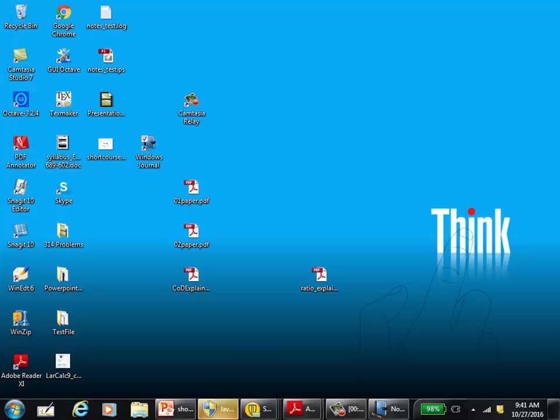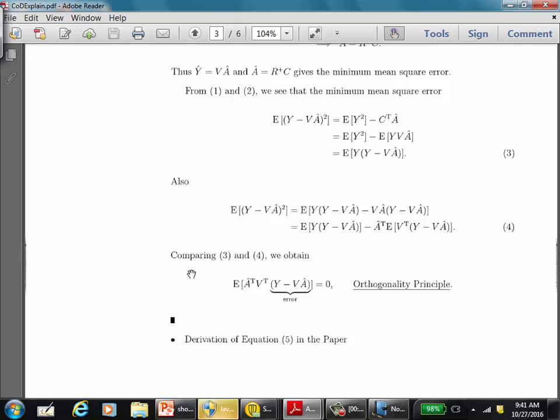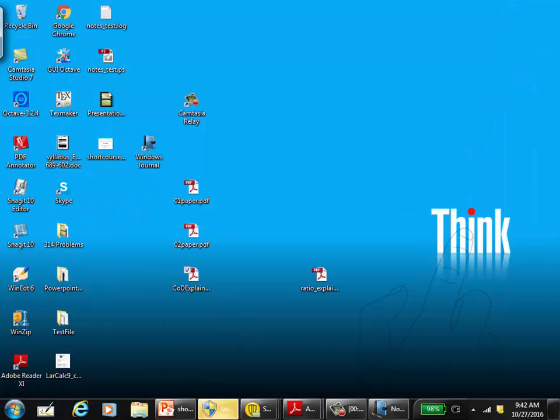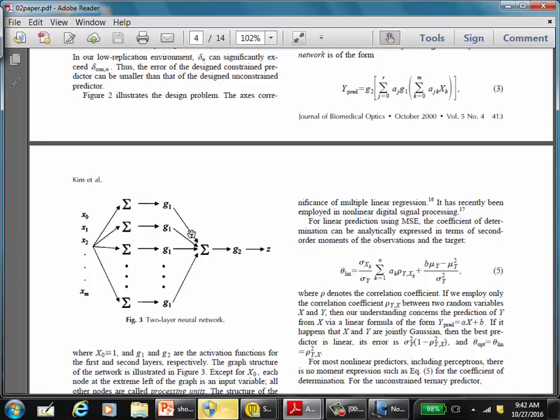So now, let's get back to that explanation thing, right? So the orthogonality principle shows that the error is orthogonal to the observation. Next, I want to go ahead and derive a particular equation in that paper. So let me just pull that paper up, that COD paper.